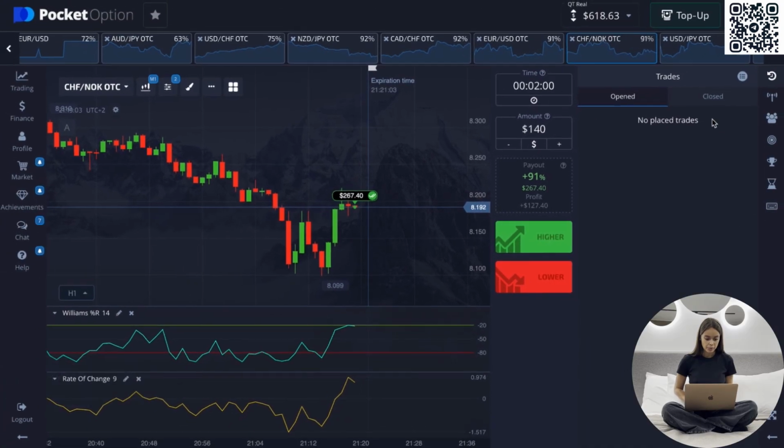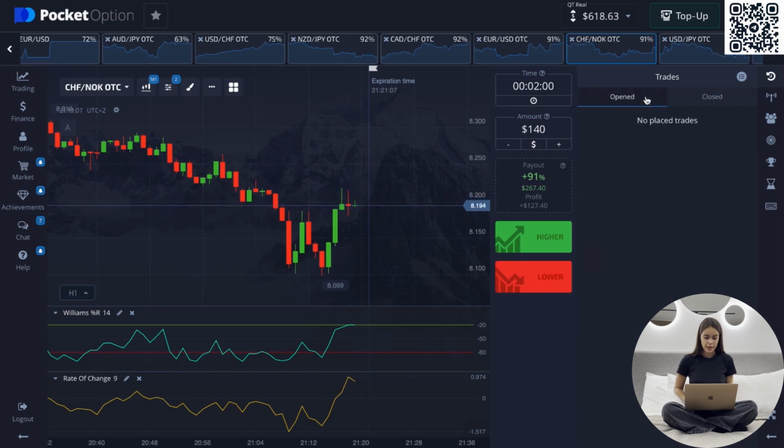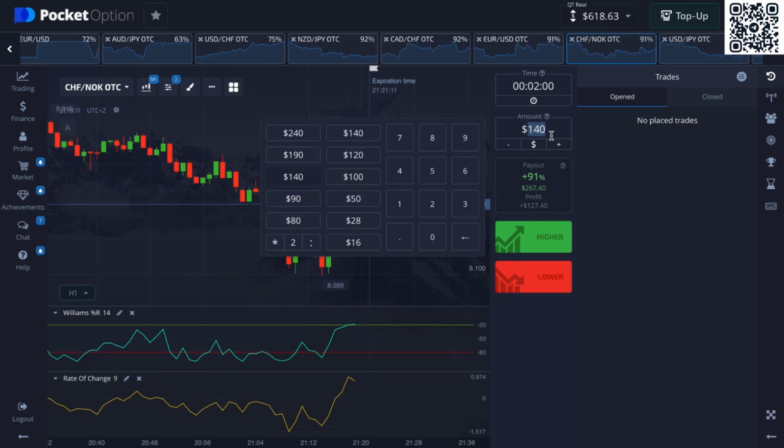Another one of our deals has gone into the plus. I can safely set the price of the next transaction at $200. We look further.